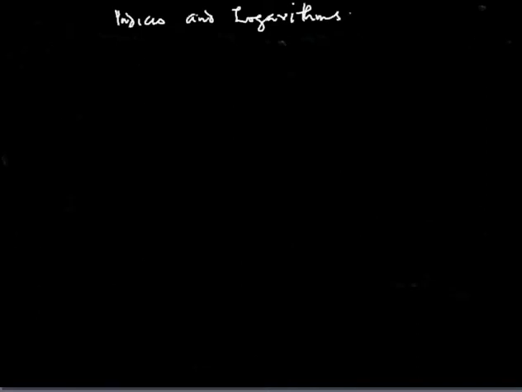Now back to the example that we are doing. When you have something like a raised to power 1 over n, this turns into the nth root of a multiplied by 1.